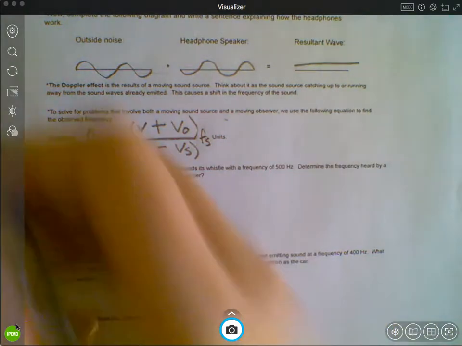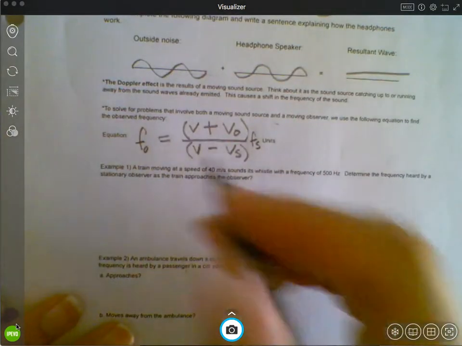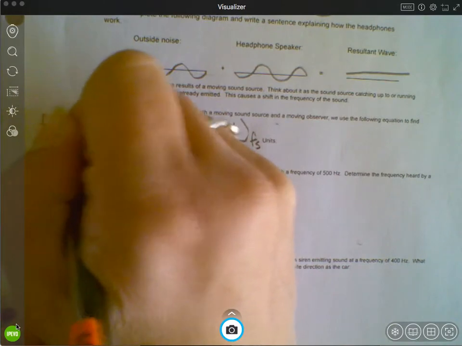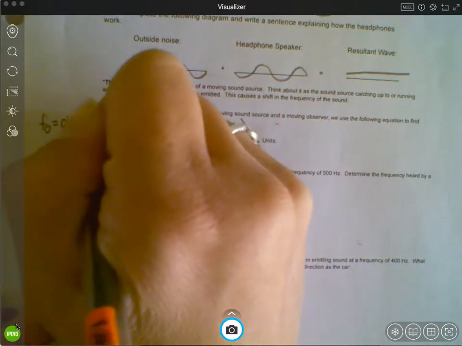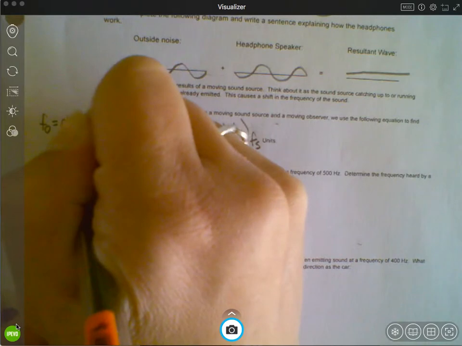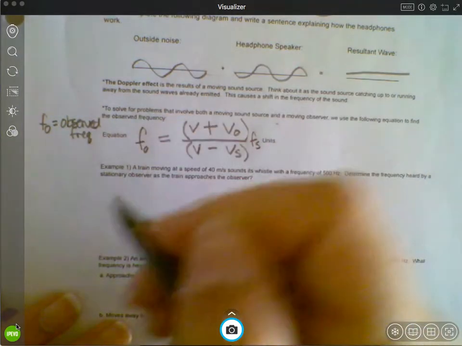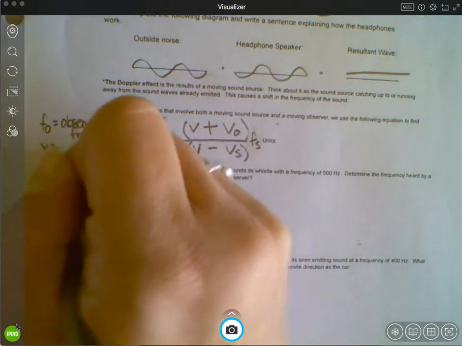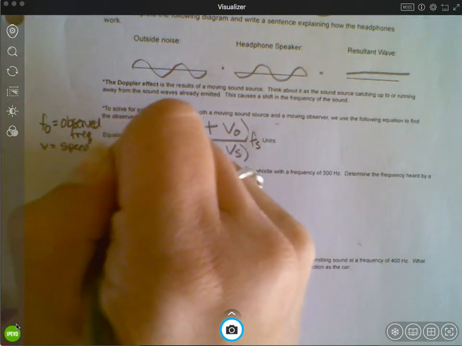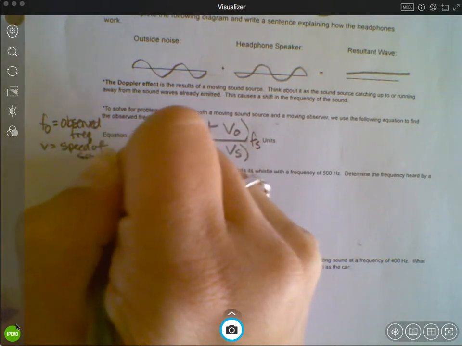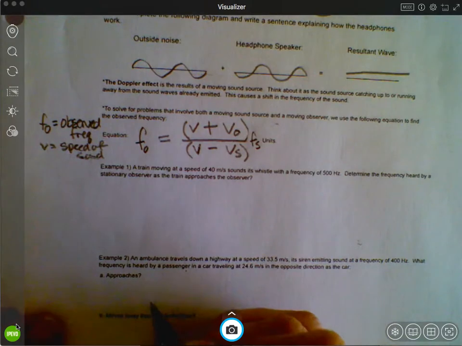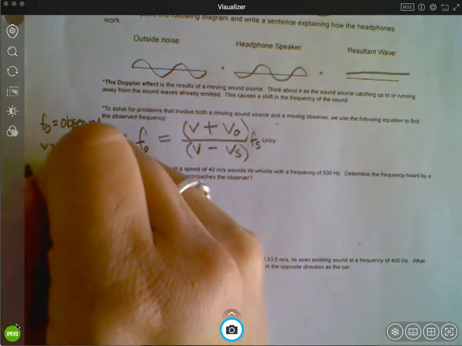Okay, so I'm going to put this list over here so that you know what these stand for. So Fo is observed frequency, okay. Then you have V, which is the speed of sound. Most of the time that's going to be 343 because it's usually in air, okay.